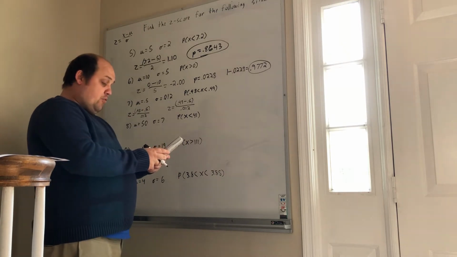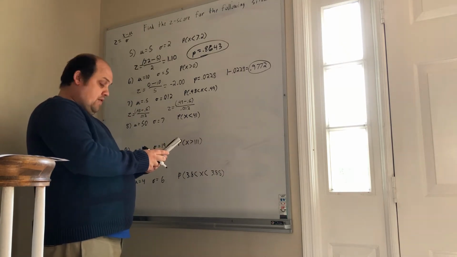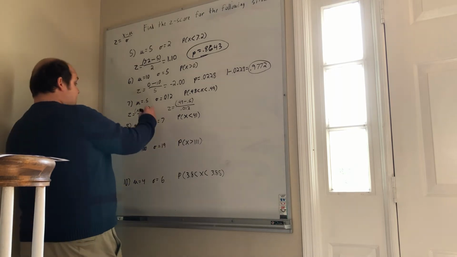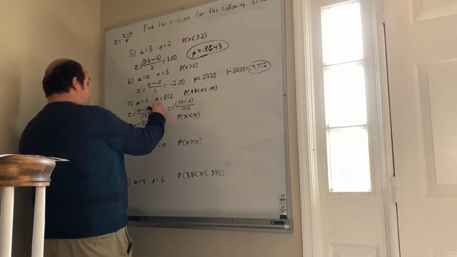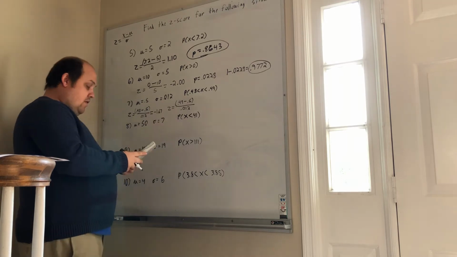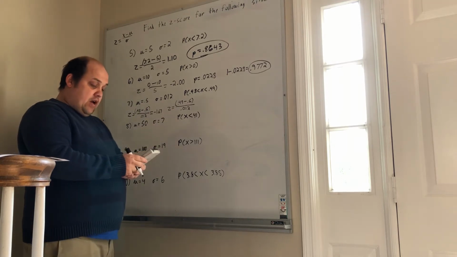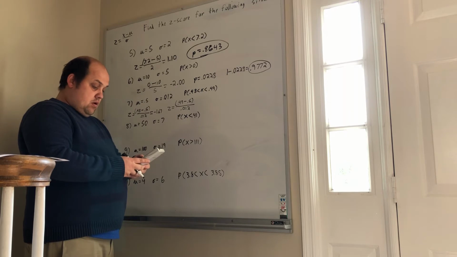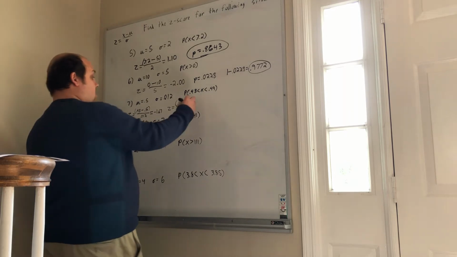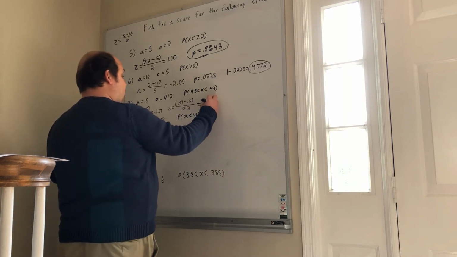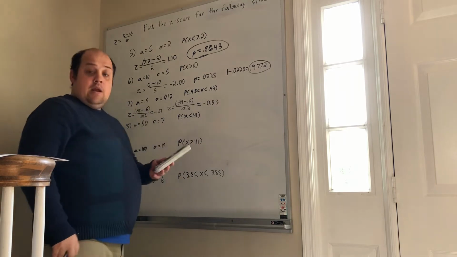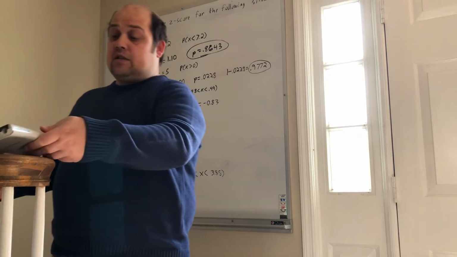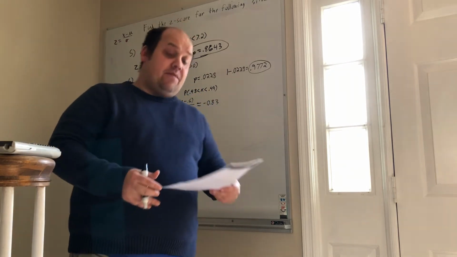For the first one, 0.48 minus 0.5 divided by 0.012, that gives me a z-score of -1.67. For the second one, where I do 0.49, it gives me a z-score of -0.83. Now that I have my 2 z-scores, I need to look up their associated p-values.